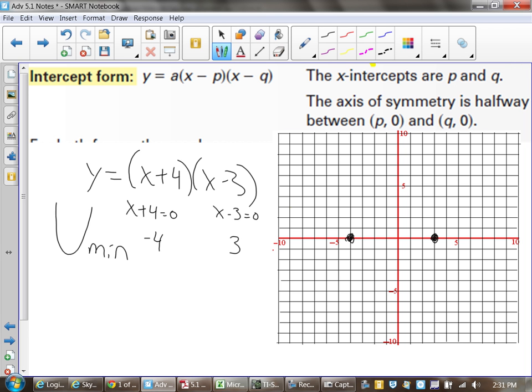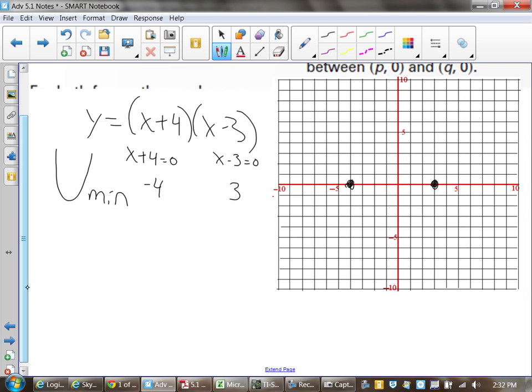In order to figure out what your axis of symmetry is, you have to remember what it means to be symmetric twins. Those zeros are symmetric twins. Those two points are equidistant to the axis of symmetry. So if these two have to be equidistant to it, doesn't the axis of symmetry have to line up halfway between them? What's negative 4 plus 3? Cut it in half.